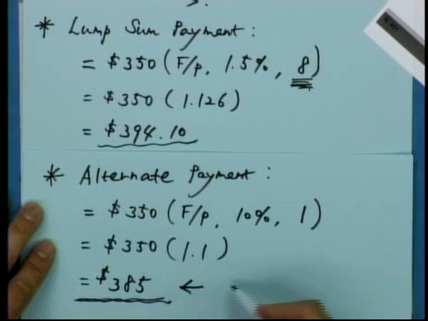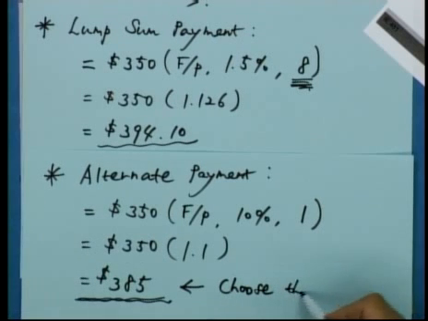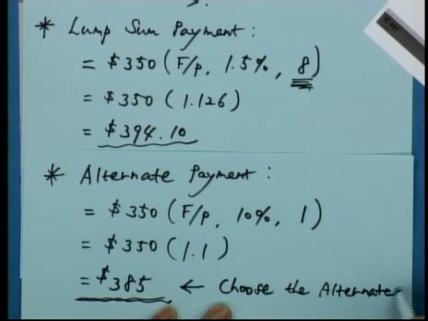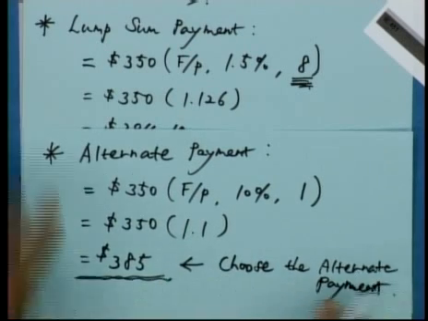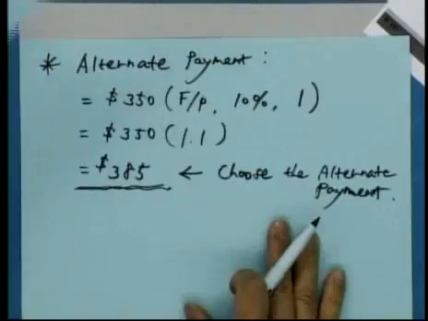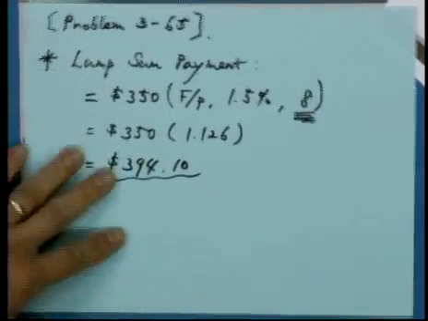So choose the alternate payment. Okay? And that was problem 3-65.